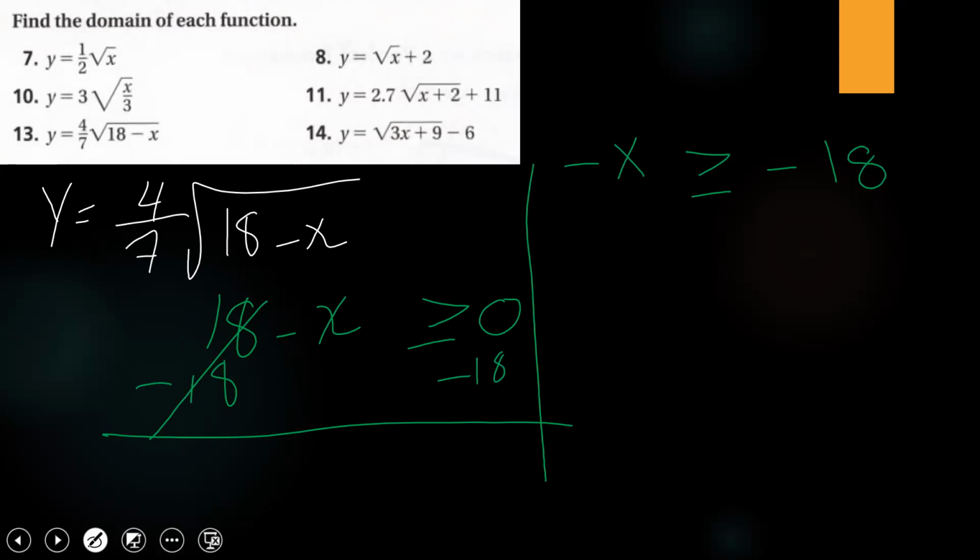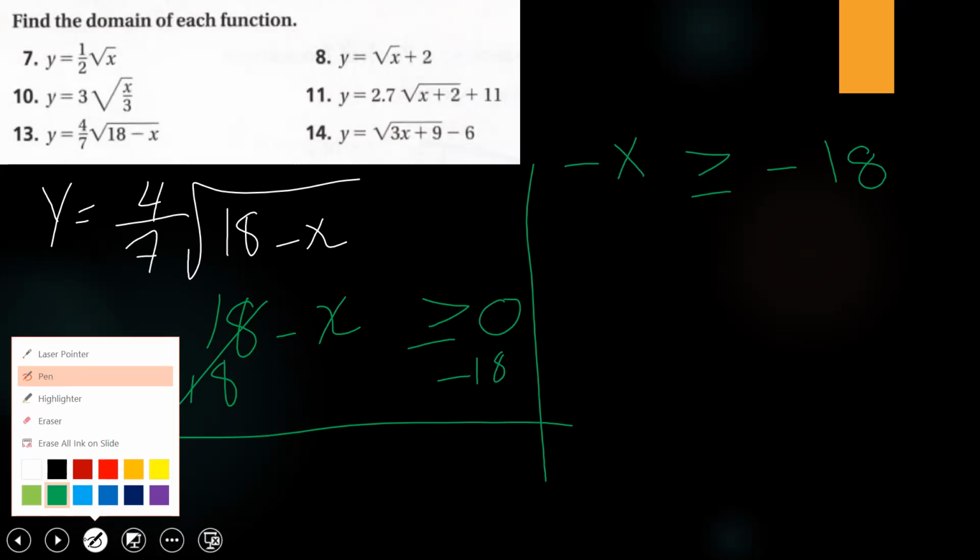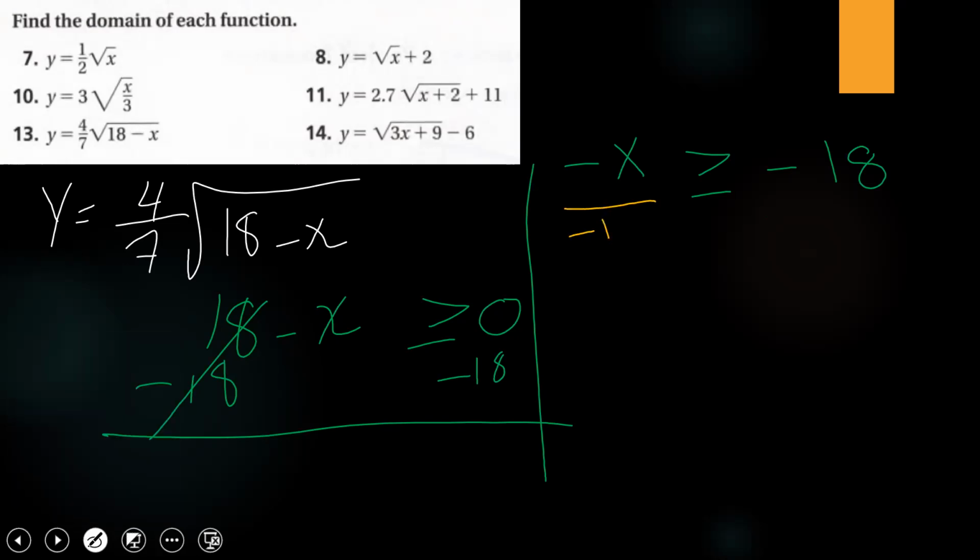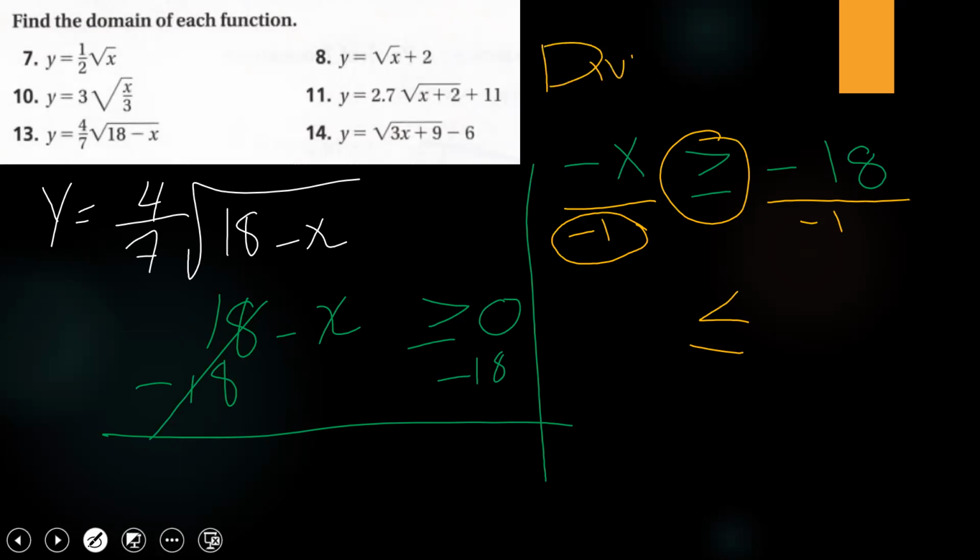Look here, Basma. Since you divide by negative 1, since you divide by a negative number, you have to flip the sign. I repeat, divide by a negative number, you have to flip the sign, or flip the inequality.